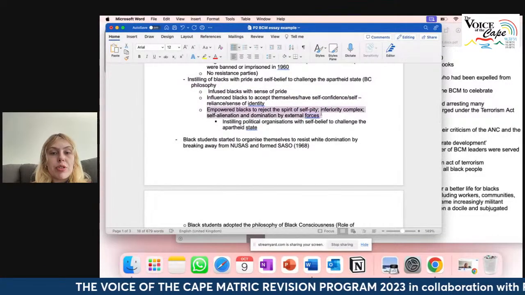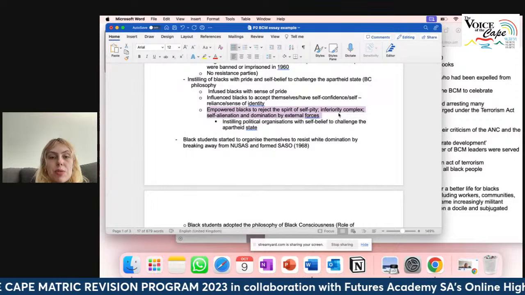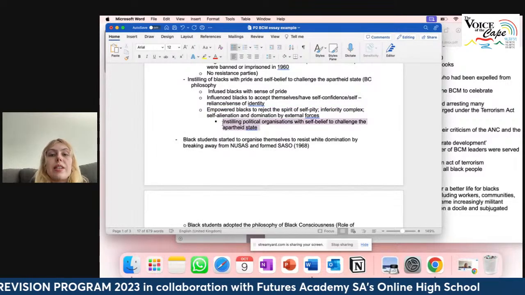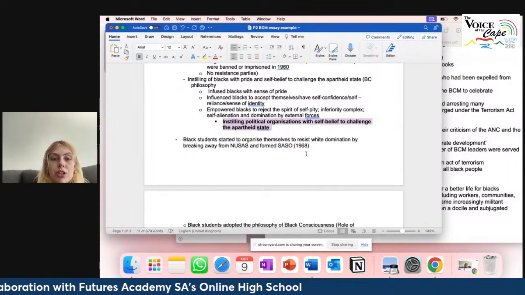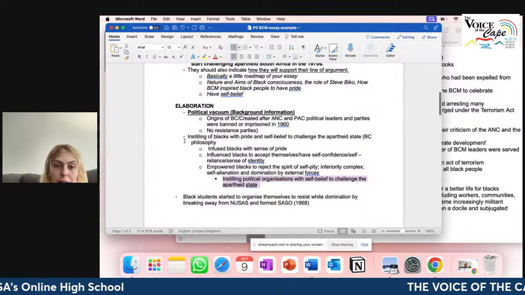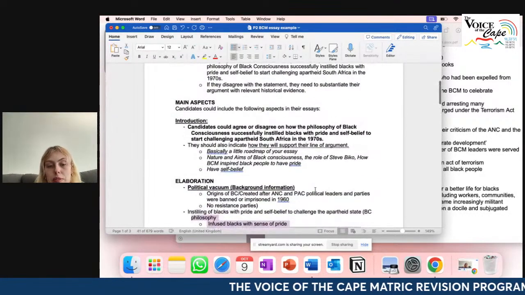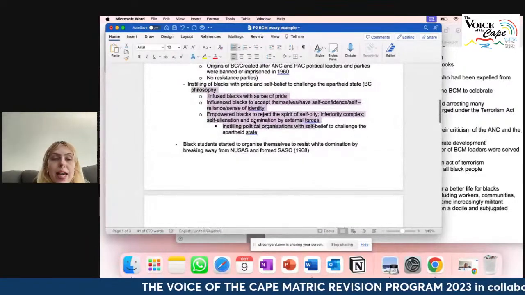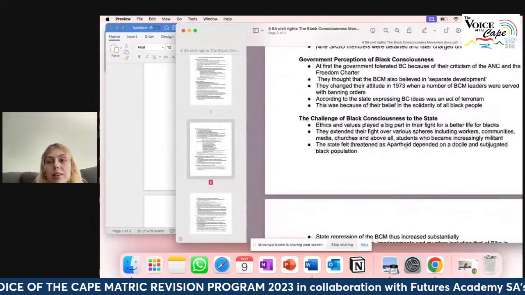It empowered them to reject the spirit of self-pity, the inferiority complex, and domination by external forces. Instilling the political organizations with self-belief to challenge the apartheid state. So do you see already how just by the philosophy of Black consciousness in itself, we've already proved some of the essay question? Okay, and then here they start getting into events.